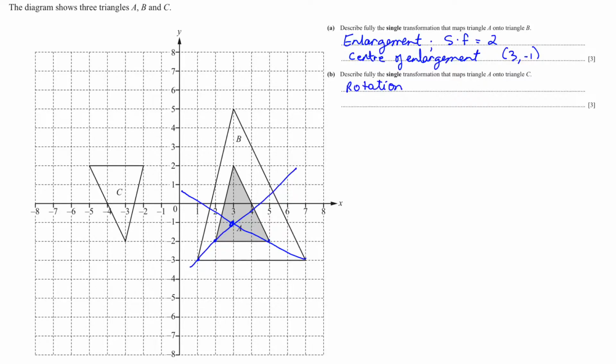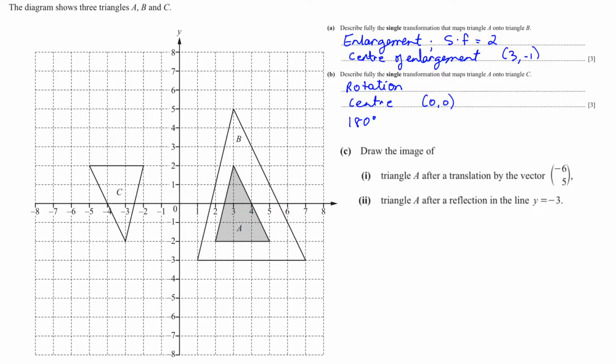If it's a rotation, you have to write down the center and the degree of rotation. Use a tracing paper and you will see that the center is 0, 0 and it's 180 degrees. If it is 180 degrees, whether it is clockwise or anti-clockwise, it's going to be the same, so no need to write that.